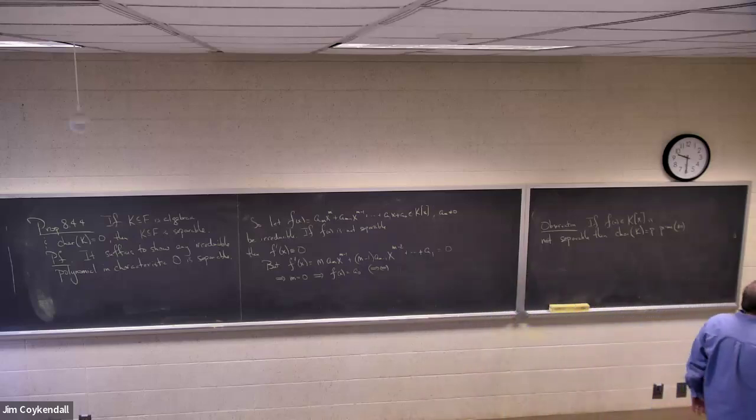And what's the general form of a polynomial whose formal derivative is going to be zero in this situation?